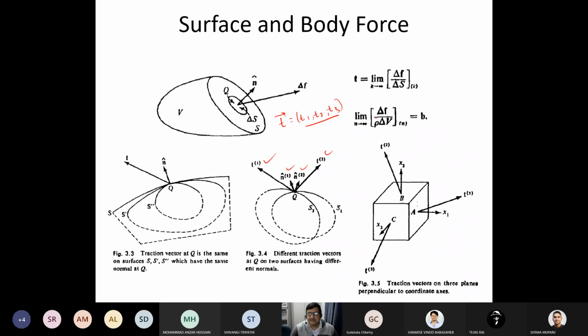And we define delta F by rho delta V as the body force. So this is the measure of my surface force, and this is the measure of my body force. If this is a cube with x1, x2, x3 as normals, these traction vectors are defined in three arbitrary directions, which is the most generic way of representing things.